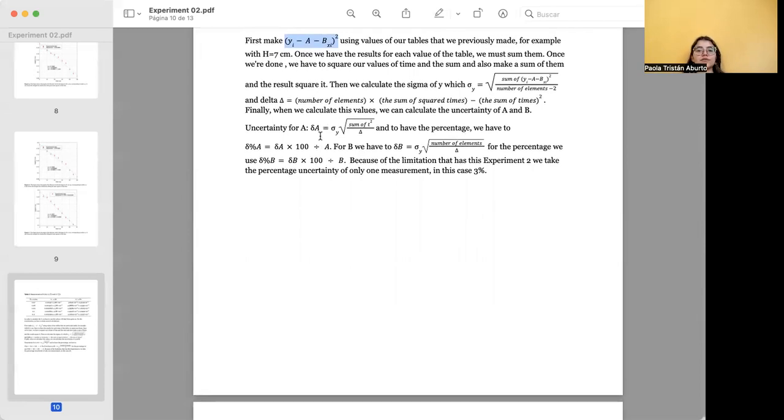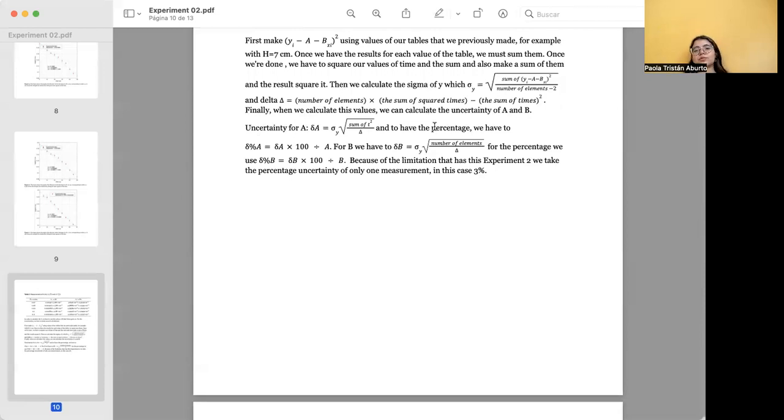Finally, we can calculate the uncertainty of A and B. For the uncertainty of A, we use this formula, which is sigma y times the square root of the sum of the squared times, divided by delta.